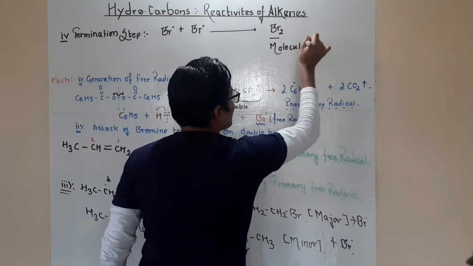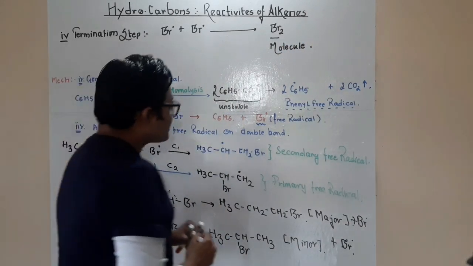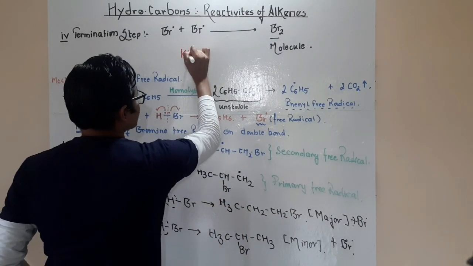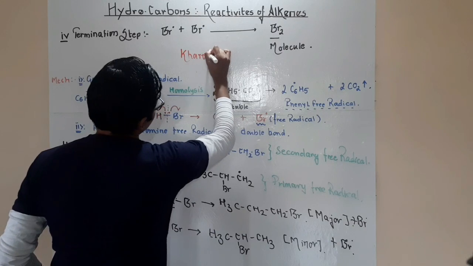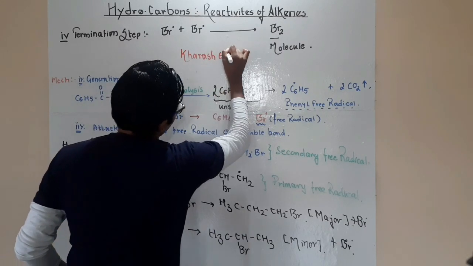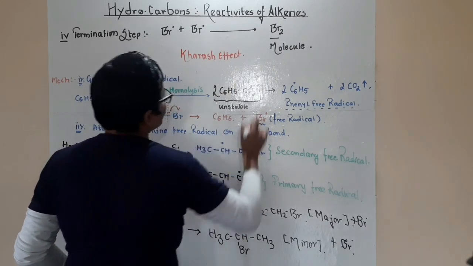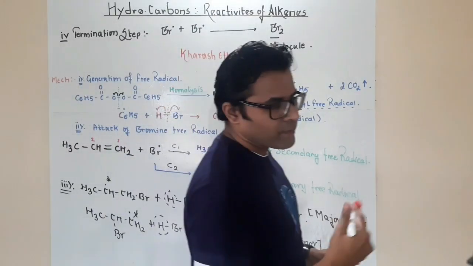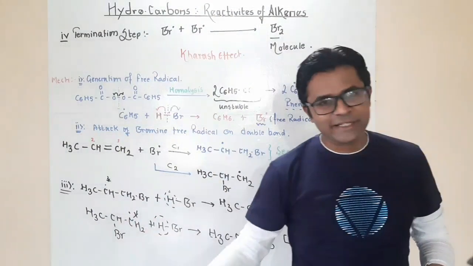So this is how the Kharash effect, or what you can call the Anti-Markownikovs rule, Anti-Markownikovs effect or the peroxide effect, occurs.